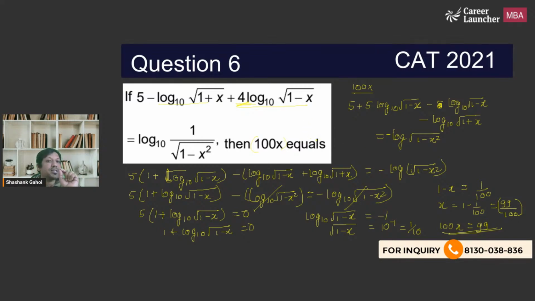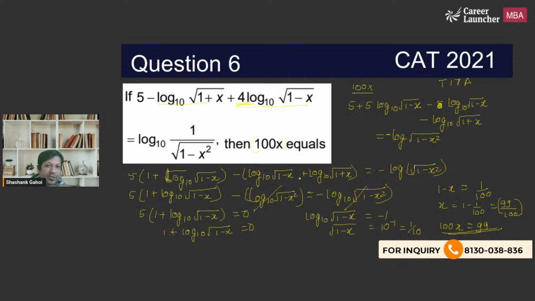If a question does not have any option, it is called a TITA, type in the answer, question. In type in the answer questions, your answer can never be a decimal, your answer can never be a fraction. So as soon as you get the answer as 0.99, it should click that you have made a mistake somewhere, because a TITA question is always going to have an integral answer.